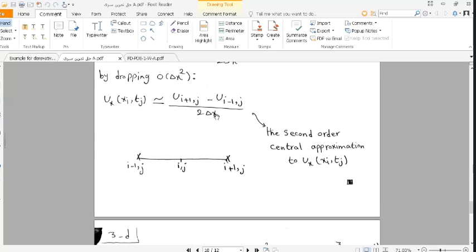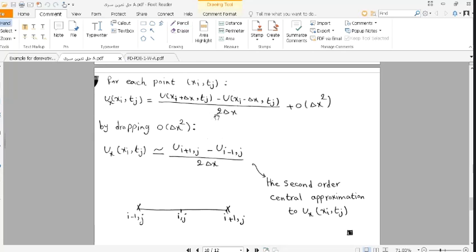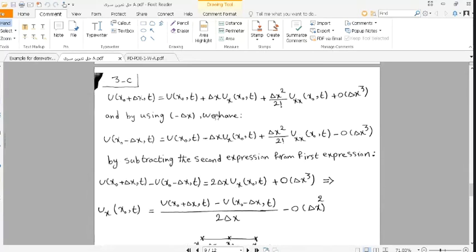This is the solution. When we write the Taylor theorem for delta x and also write the Taylor theorem for minus delta x, by subtracting the first expression and the second expression, we have u_x is equal to u at x0 plus delta x and t minus u at x0 minus delta x and t, over 2 delta x. 2 delta x is obtained from subtracting the second expression from the first expression.